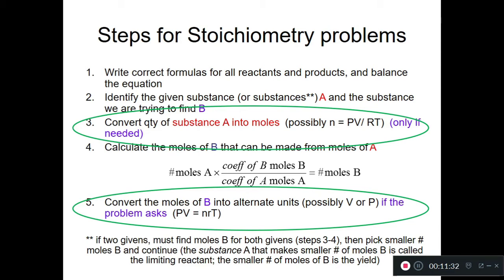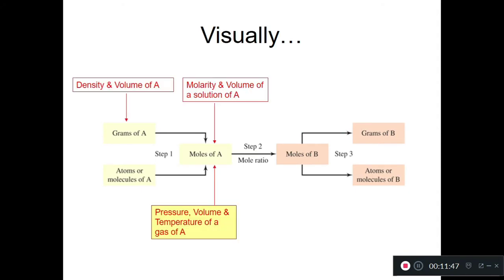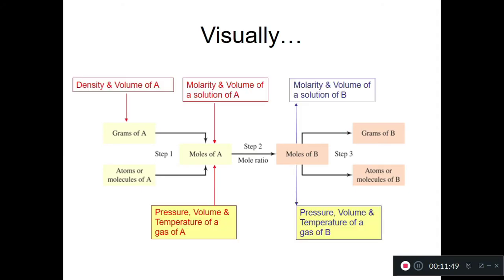And so it can be a little bit confusing to figure out which is the given substance and which one we're trying to find. And then in steps 3 and 5, that's where we're going to possibly see the use of the ideal gas law. This is just reminding you that there's a variety of ways we can get to moles or get out of moles in step 3 and step 5. I can use a variety of different kinds of conversion factors.